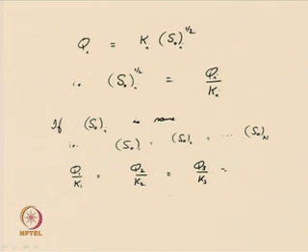Similarly, this ratio, Q 1 by K 1, Q 2 by K 2, Q 3 by K 3, they all become a property.